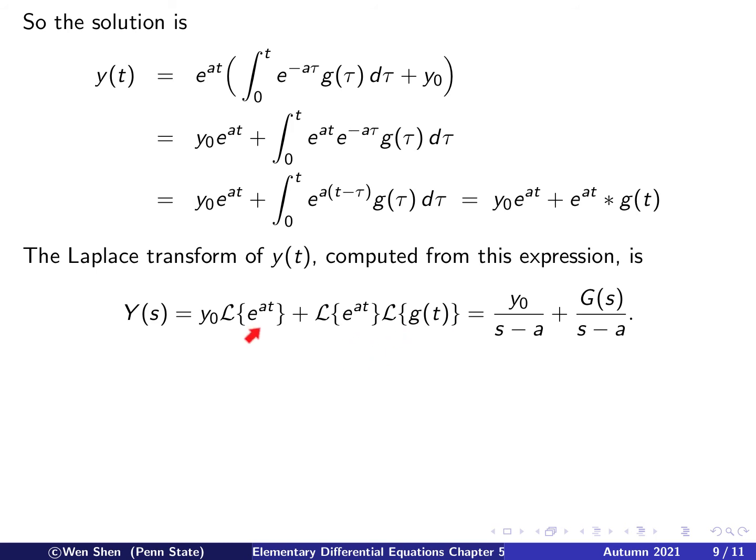The Laplace transform is 1 over s minus a, multiplied by y naught. And then the Laplace transform of g is G of s, and it's multiplied by, again, 1 over s minus a.